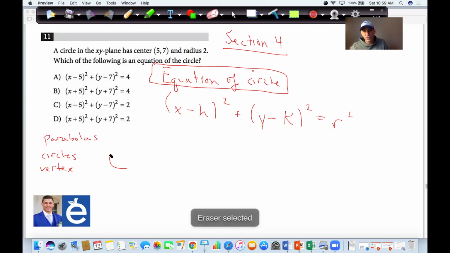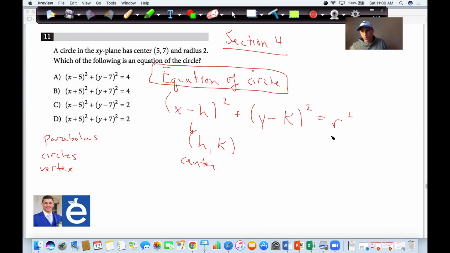Now, the question is, what are the h and the k? I hope you somewhat recall that you've seen these before in other types of equations, like the vertex equation. But my h and my k here are both going to represent my center of the circle. This is my center point of the circle. The r is representing your radius of the circle.